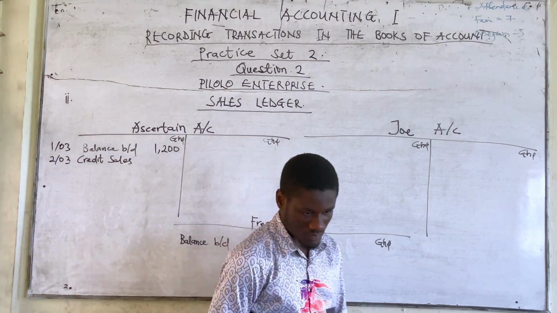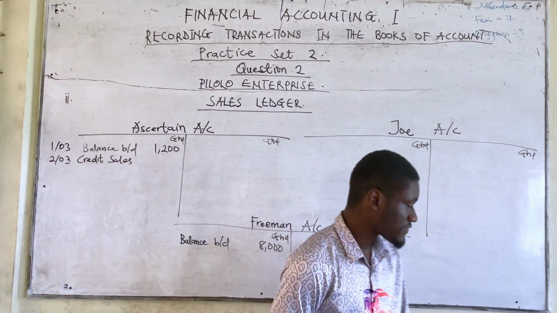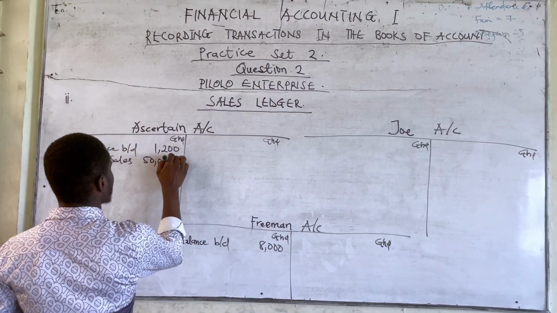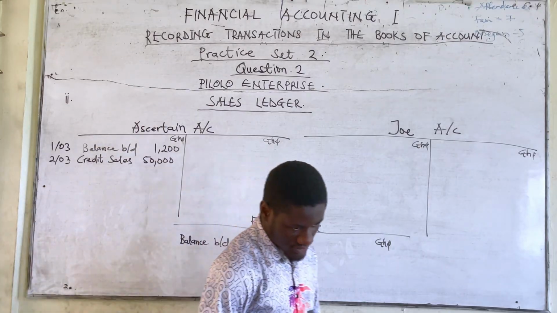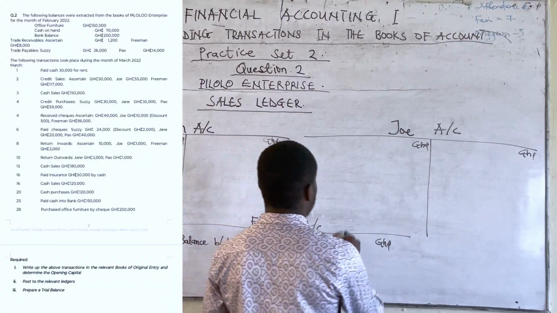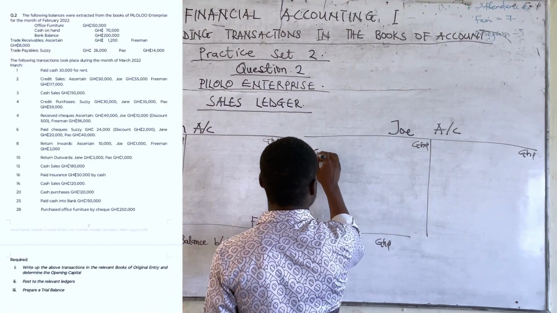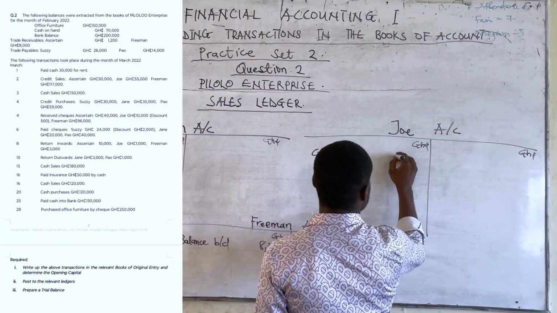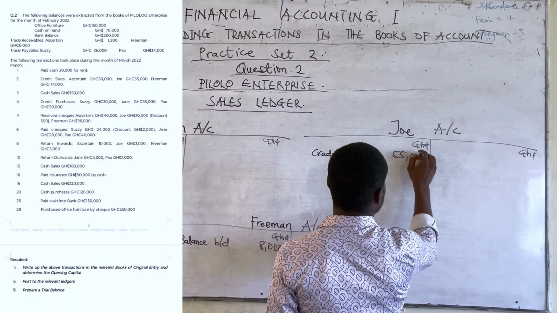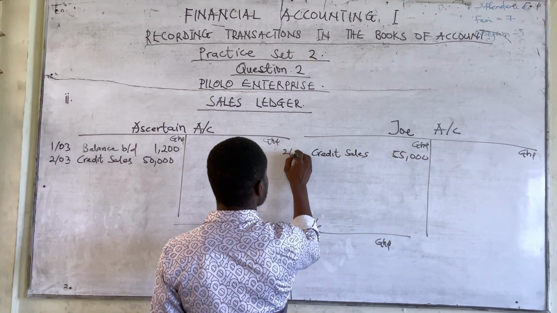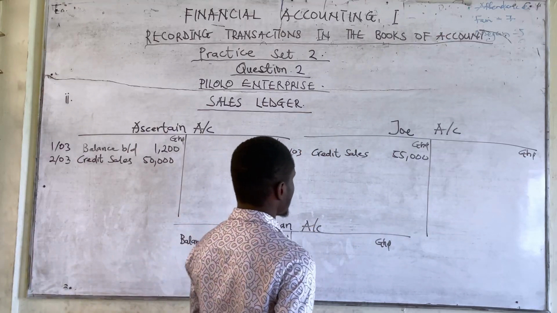Ascertain was 50,000, and Joe was 55,000. Good.